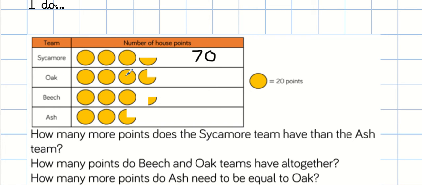Oak also has 3 circles, 20, 40, 60, but it has 3/4 of a circle. And I know that 3/4 of 20 equals, that's right, 15. So Oak has 75. What's 60 add 15? 75.